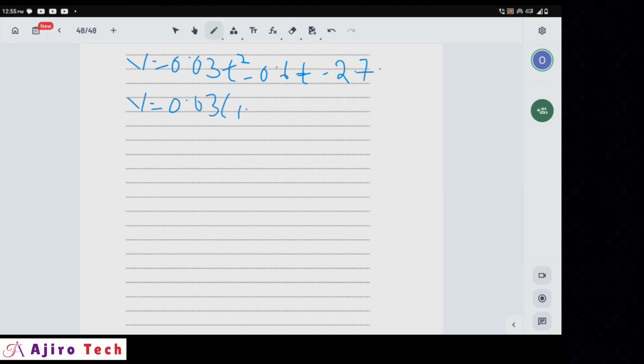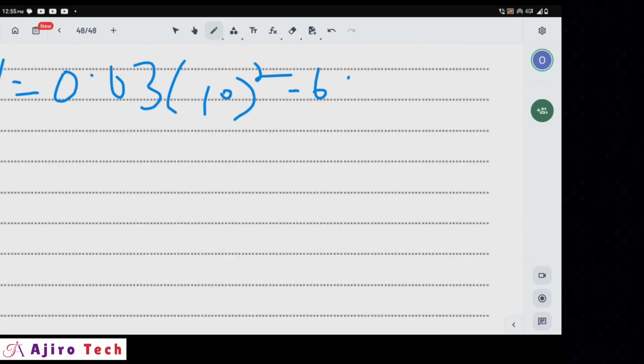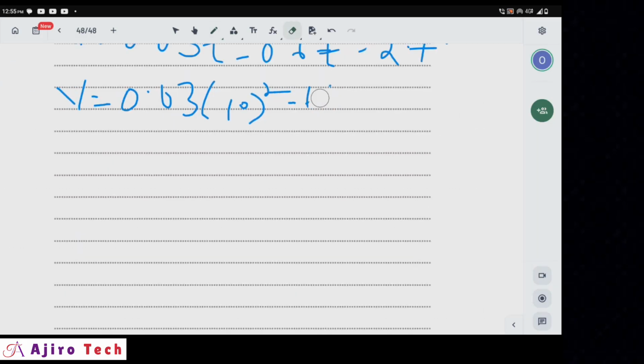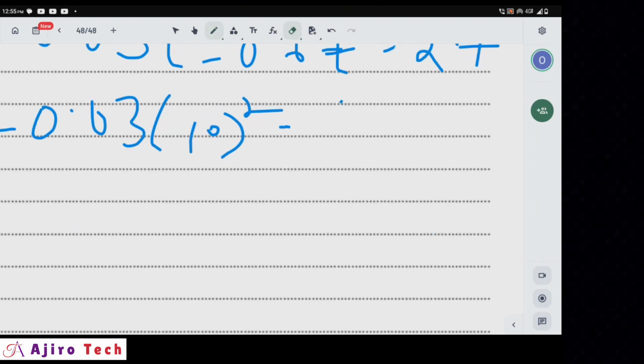And so I will have that my velocity will be equal to 0.03 times 10 raised to power 2, minus 0.6 into bracket 10, minus 2.07.